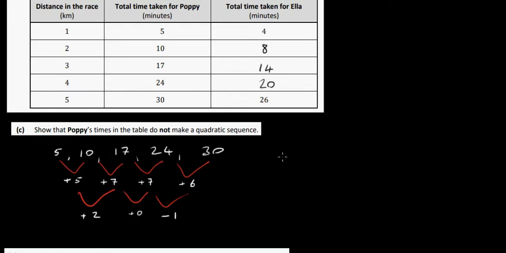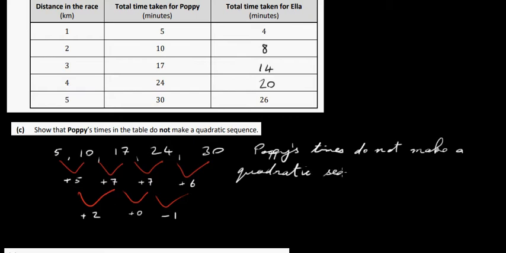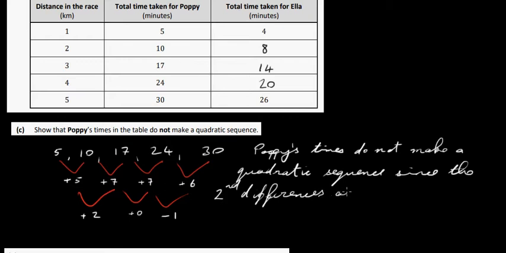So we can say Poppy's times do not make a quadratic sequence, since the second difference or the second change are not constant.